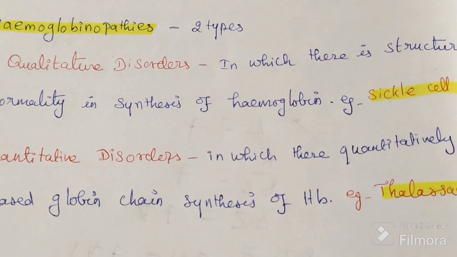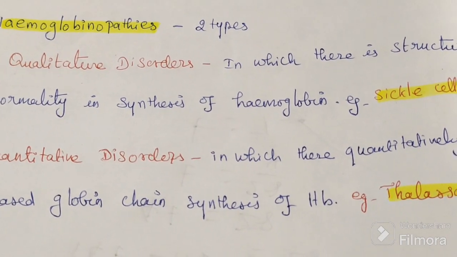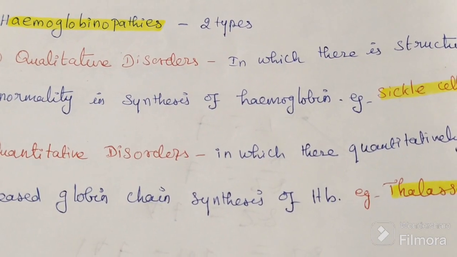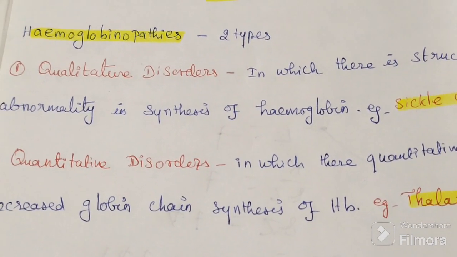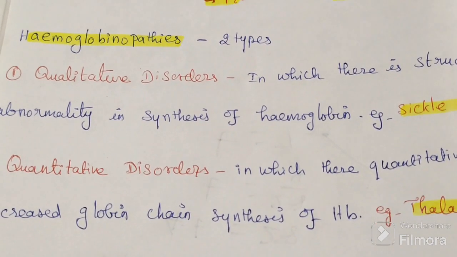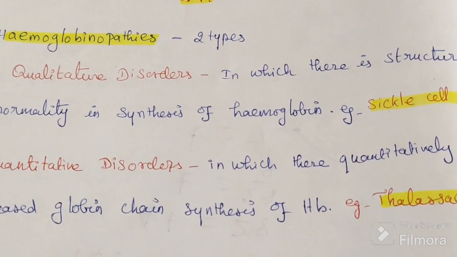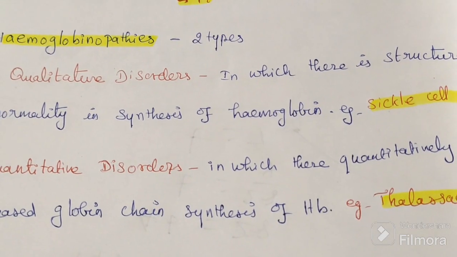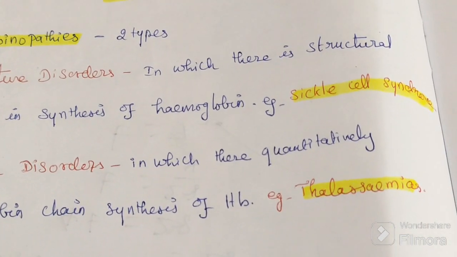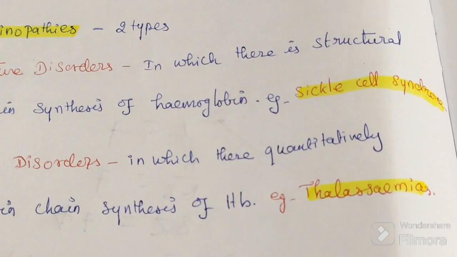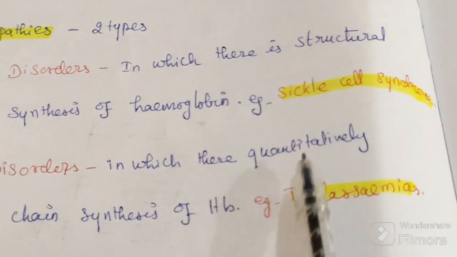So what is the major problem? The structural abnormality in the synthesis of hemoglobin. The abnormality is in the structure, but the amount and quantity are normal. Only structural changes. The best example here is sickle cell syndrome, which we will discuss now.